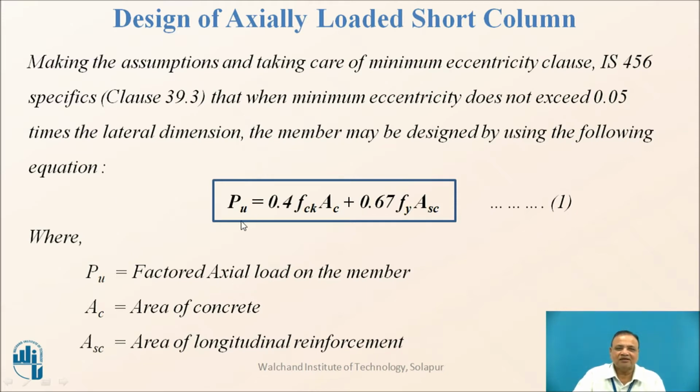Pu is the factored axial load that can be taken by the member. 0.4 fck is the stress considered in concrete, fck is the characteristic strength, Ac is the area of concrete, plus 0.67 fy, where fy is the yield stress of the steel, into Asc, the area of longitudinal reinforcement.